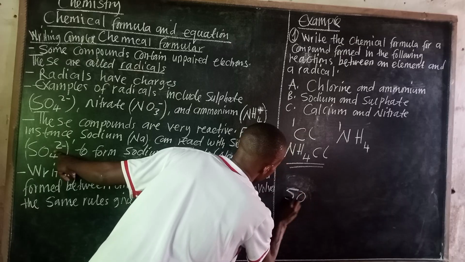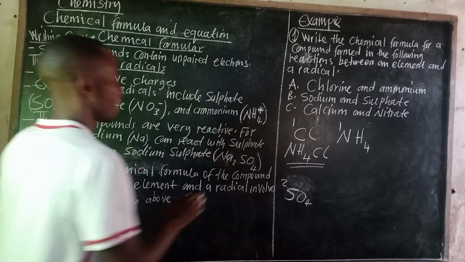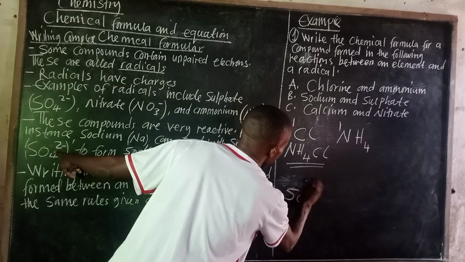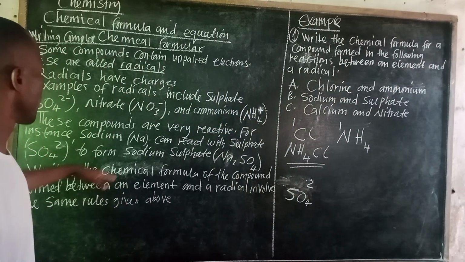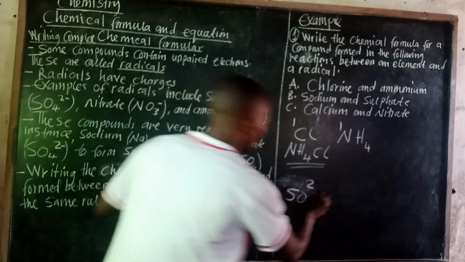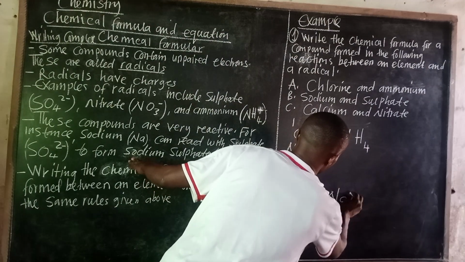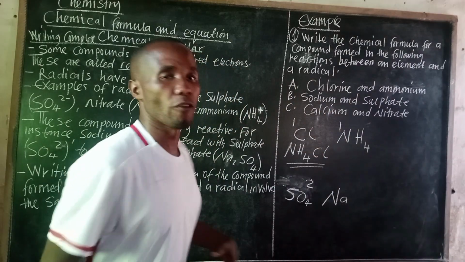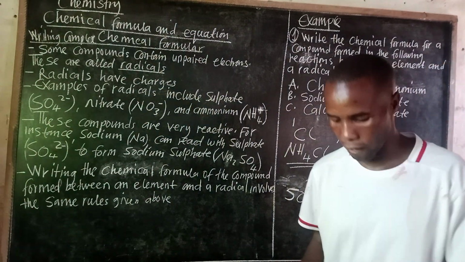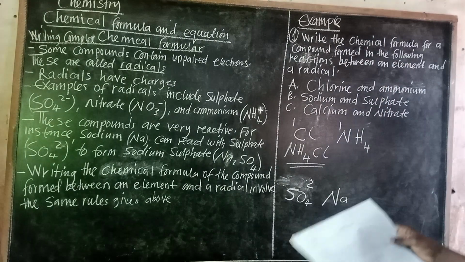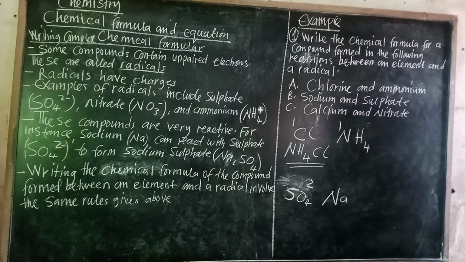This is the S, then 2 is going to be there, on top. Then we come to sodium. Sodium is found in group 1, and therefore the valence for sodium is 1, because it is in group 1.